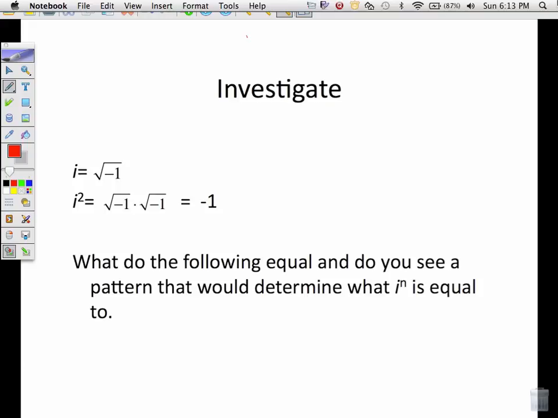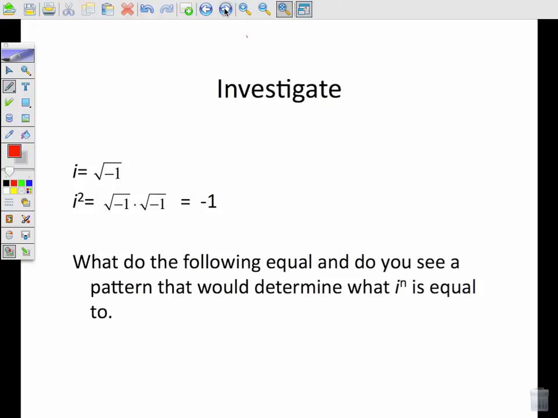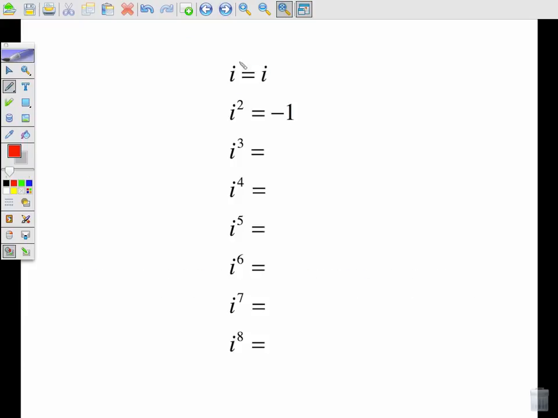Let's see if we can evaluate some higher powers of i. We already know the first two here. i to the third would be the same as i times i squared, which is i times -1, which is equal to -i.